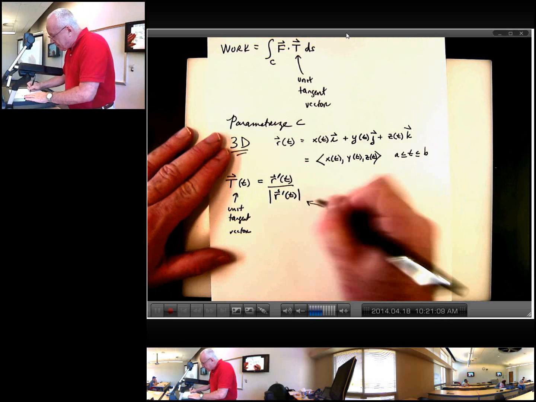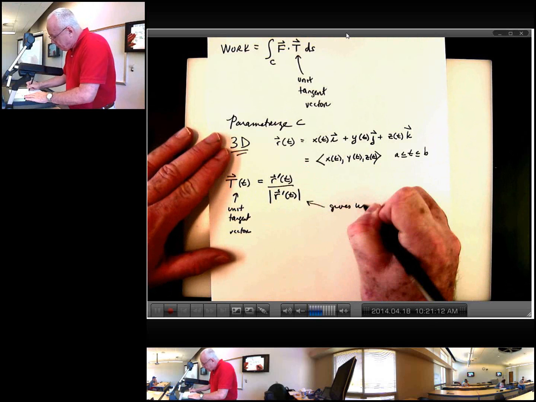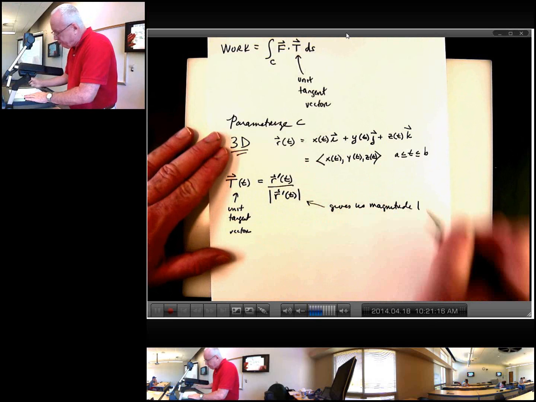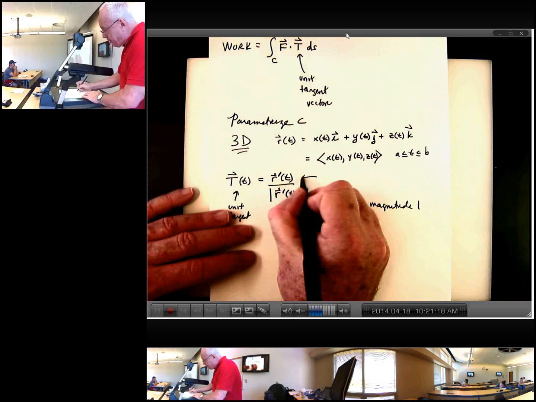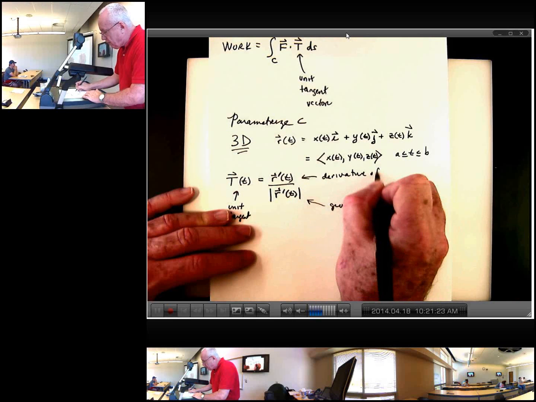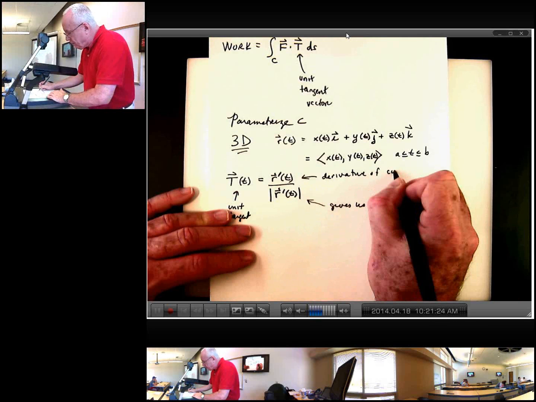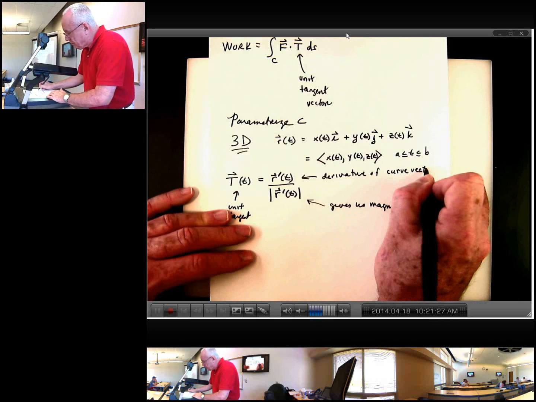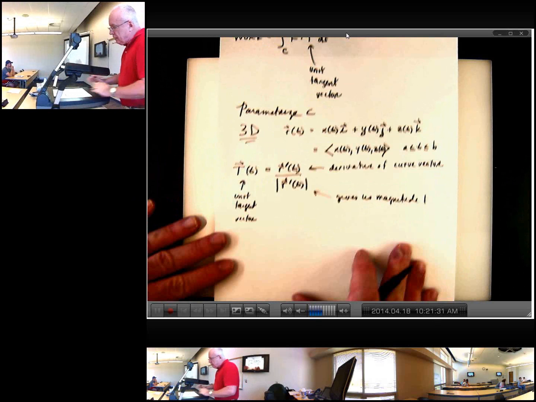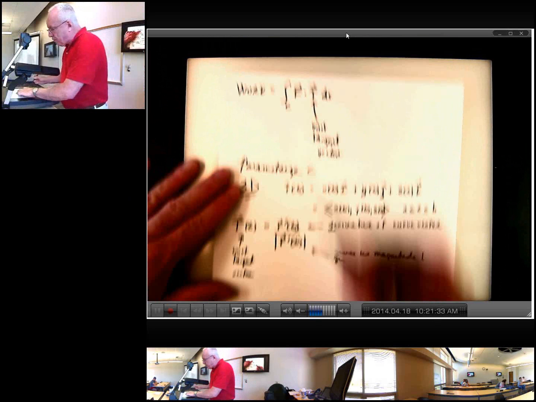This gives us magnitude 1 by dividing it by its own magnitude. And this up on top here, this is the derivative of the curve vector. And that gives me my unit tangent vector. Now let's see what else was, so that's this part of it.